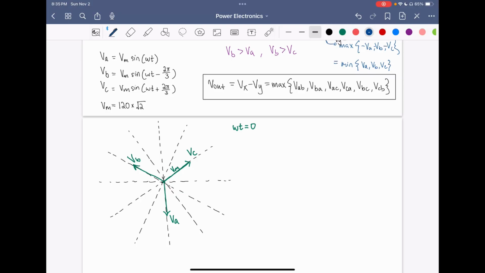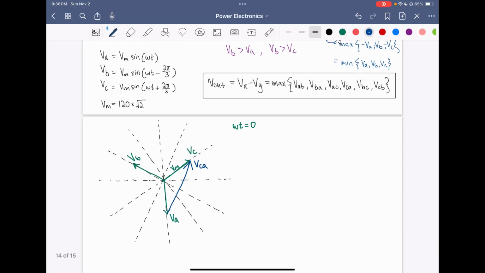If we draw the line from here to here with the arrow pointing in this direction, this is just going to give us VCA. These vectors don't have any position in space, so we can just shift it up like this in parallel. So this is our VCA.